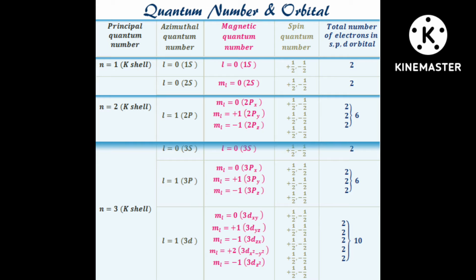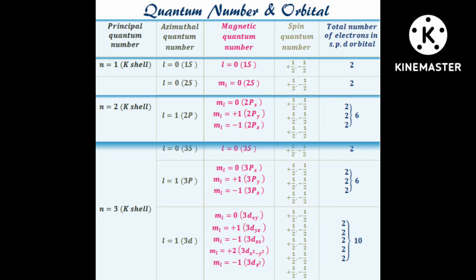Now, what does the azimuthal quantum number l mean? I have told you, this tells about the subshell. It defines the three-dimensional shape of the orbital. It tells about the shape.